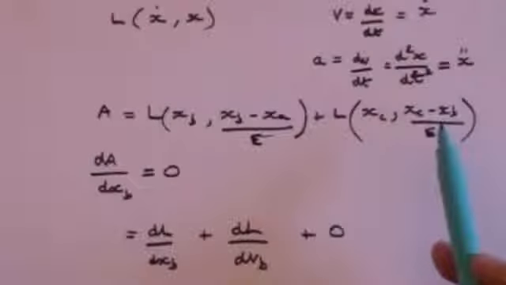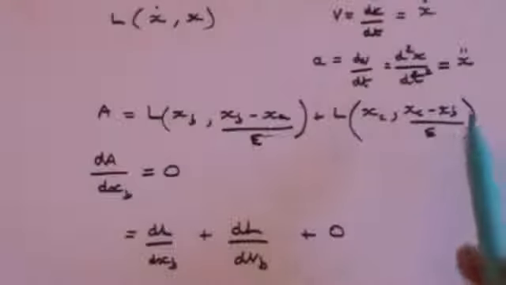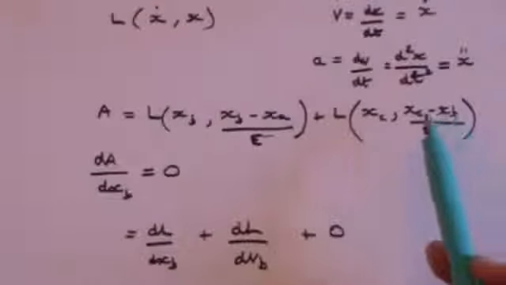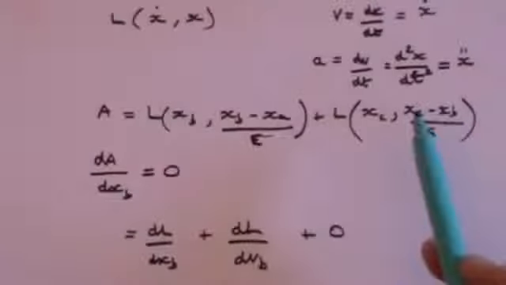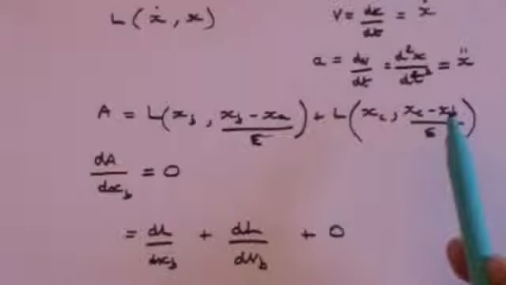And finally here, what happens if xb varies? Well, then the velocity varies, but in the other direction. If xb increases, the velocity decreases, because if xb increases, xc minus xb will go down. If xb decreases, the velocity increases.